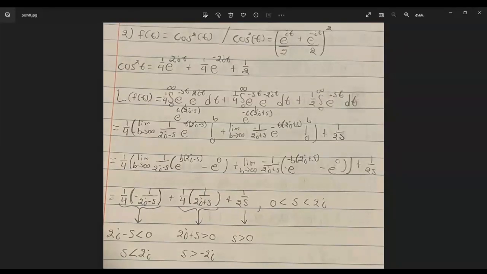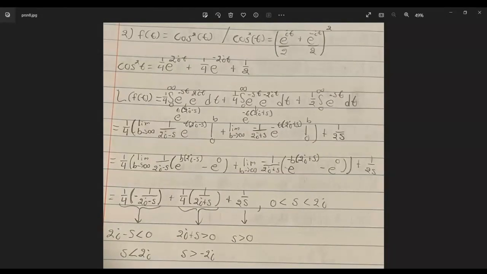I just did the transformation for each of them individually. I also took the limit instead of just the integral, because I saw it in the notes, and that's how you do improper integrals.